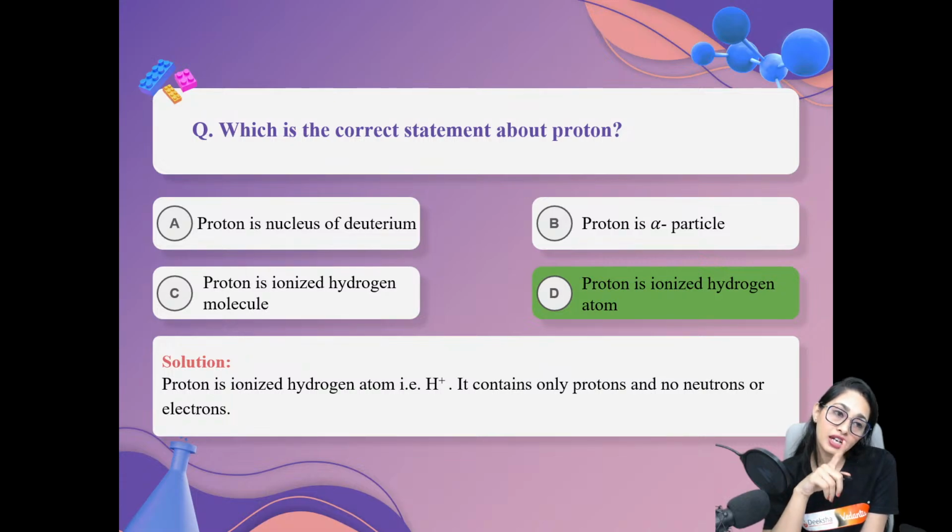Why? Because a hydrogen atom has only one proton and one electron, right? So if you remove that electron, it is itself a proton. Proton is ionized hydrogen atom, that is H+. It contains only protons and no neutrons or electrons.